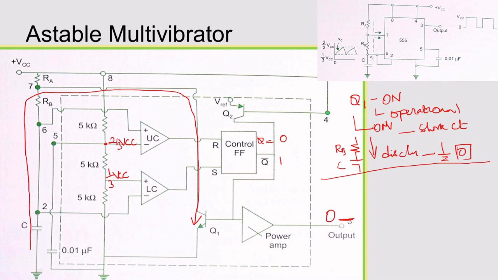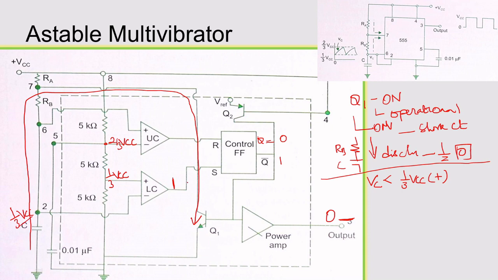If the capacitor voltage is less than this 1/3 of your VCC, that is at the plus terminal, then you will be getting a logic of 1.